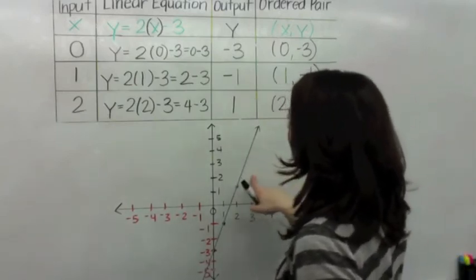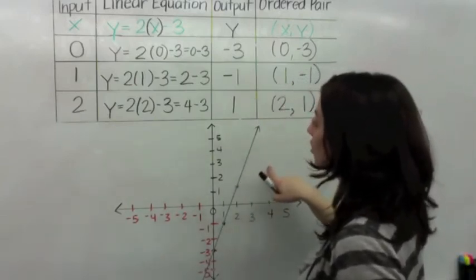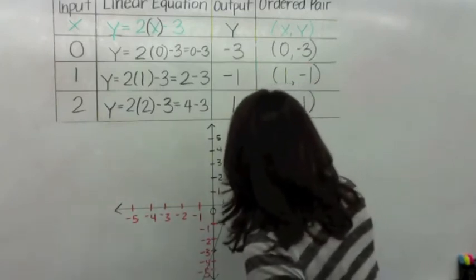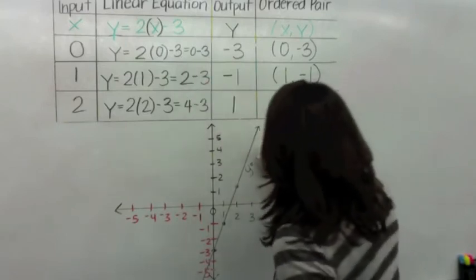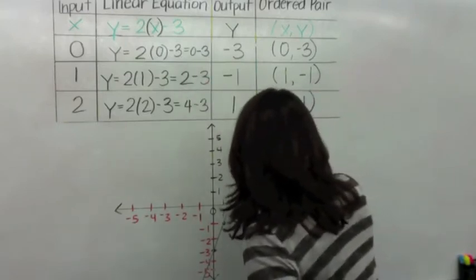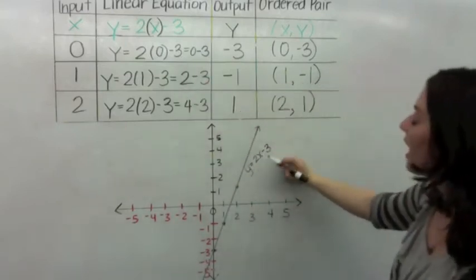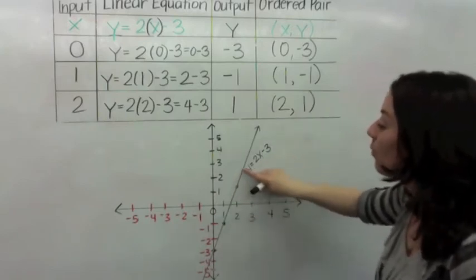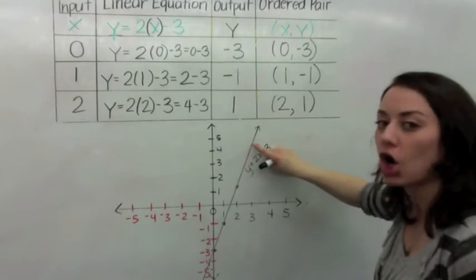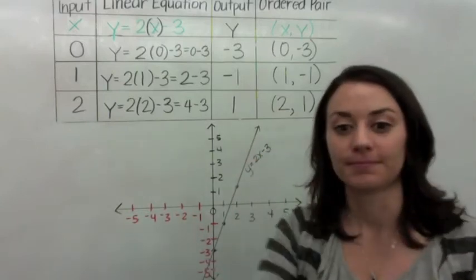The equation that represents this graph is y equals, what was the original equation? 2x minus 3. Which means if you plug in any value for x, you will get a value for y, and that point will fall on this line.